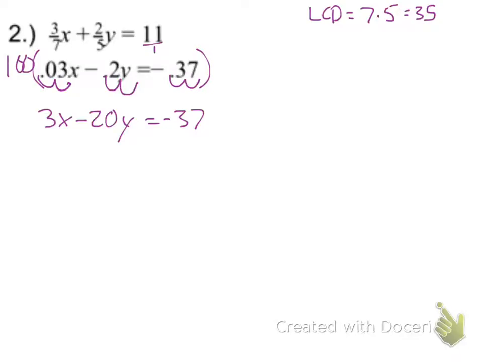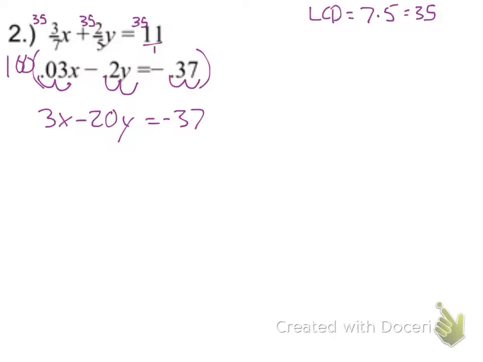Now, going off of what we just did in the last problem, I multiplied both sides by 35, right? Then I said, wait a minute, on the left-hand side, I had to distribute that 35 in, essentially multiplying to every term. So I'm going to multiply every term by 35.